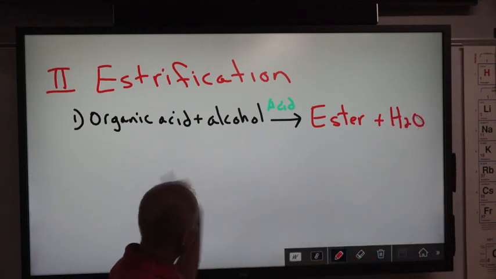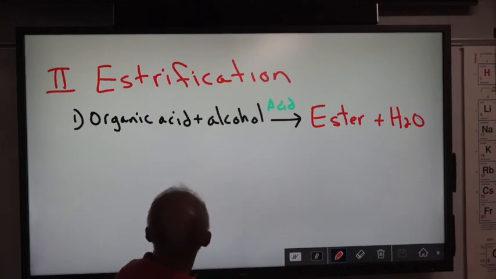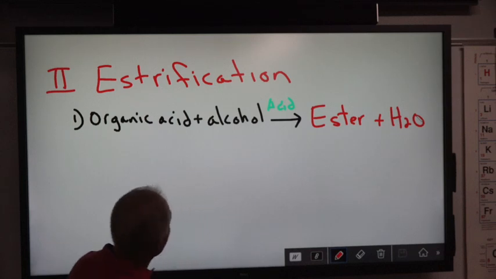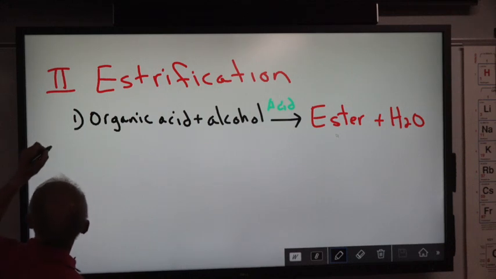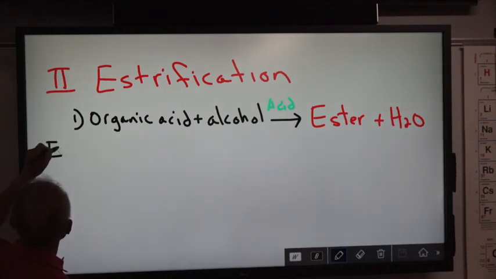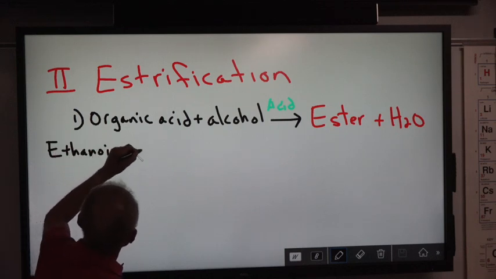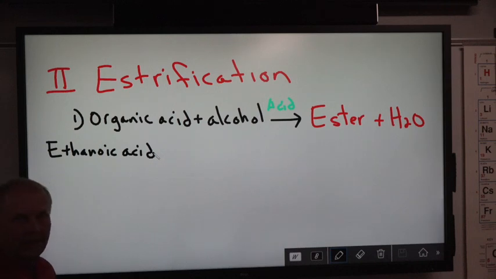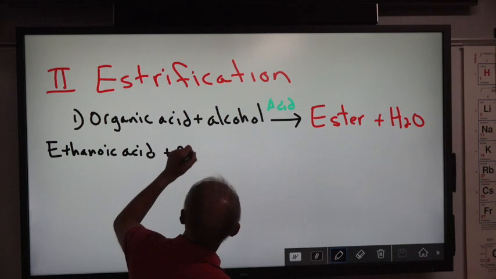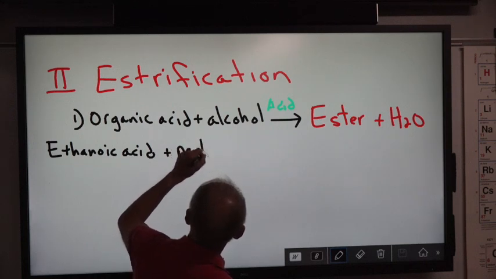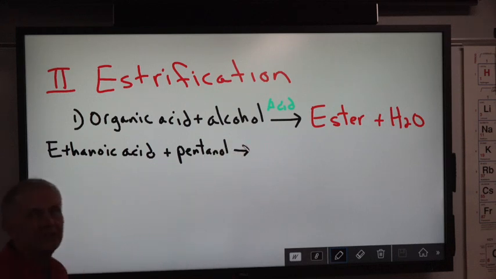Okay, now I'm going to do one on the board, and then we'll move on to the next organic reaction. So, the organic acid we're going to use is this. That is ethanoic acid. Plus pentanol.